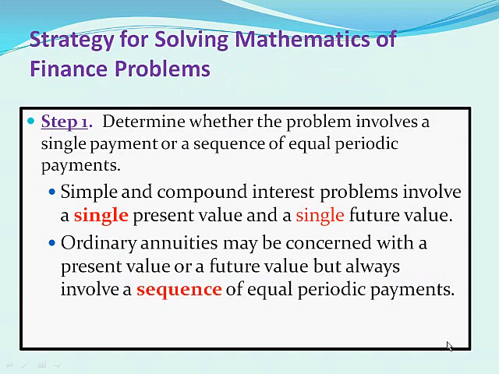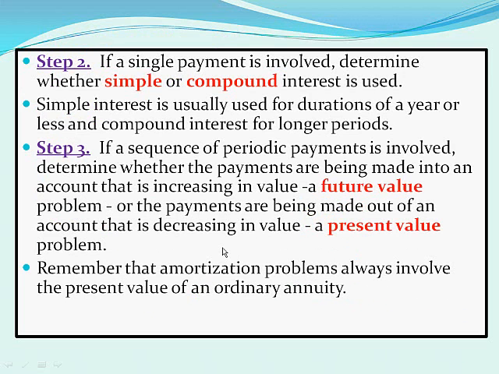Let's look at some strategy for solving mathematics of finance problems. As step 1, we can determine whether the problem involves a single payment or a sequence of equal periodic payments. Simple and compound interest problems involve a single present value and a single future value. Ordinary annuities may be concerned with a present value or a future value, but always involve a sequence of equal periodic payments. If a single payment is involved, determine whether simple or compound interest is used.